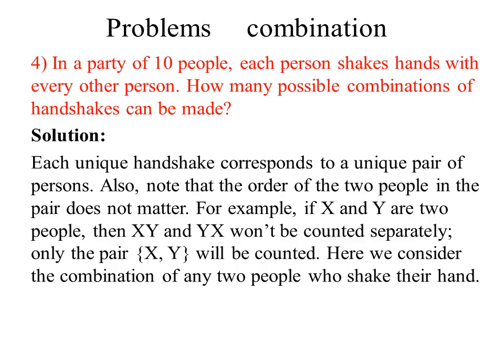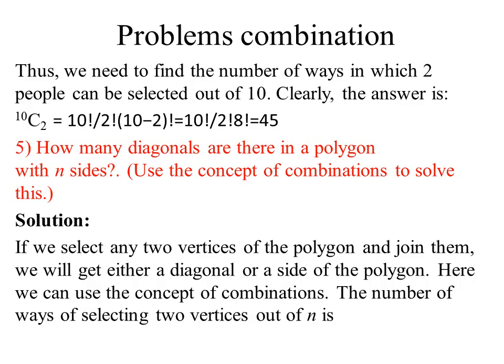Only their pair x, y will be counted. Here we consider the combination of any two people who shake hands. Thus, we need to find the number of ways in which two people can be selected out of 10.